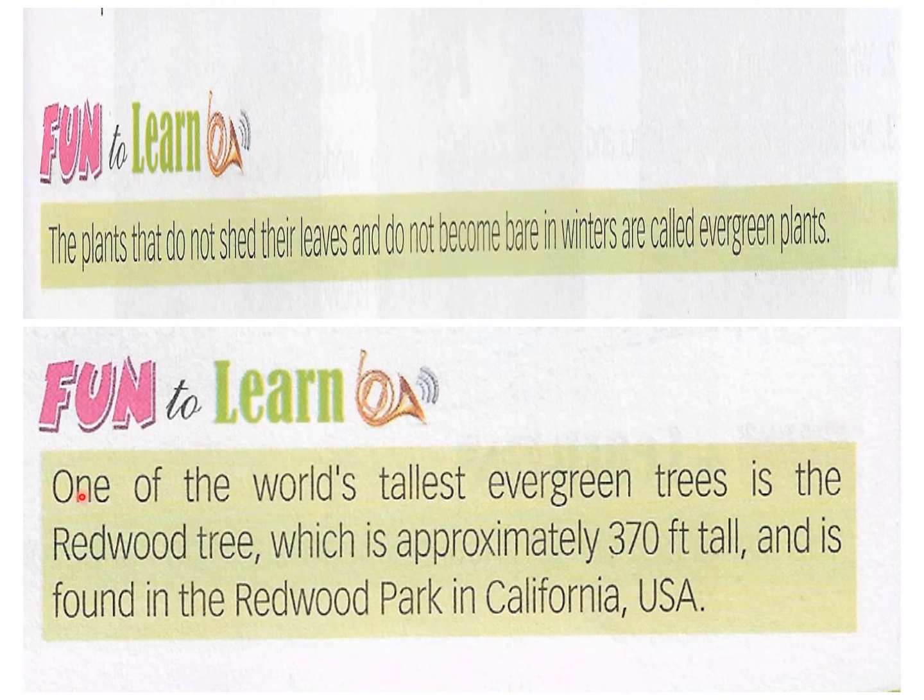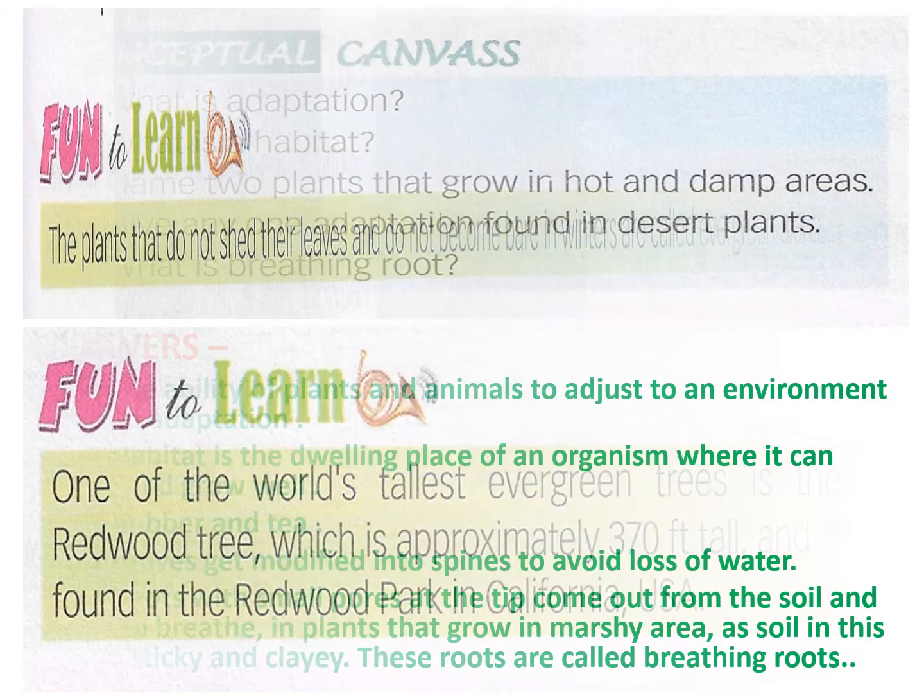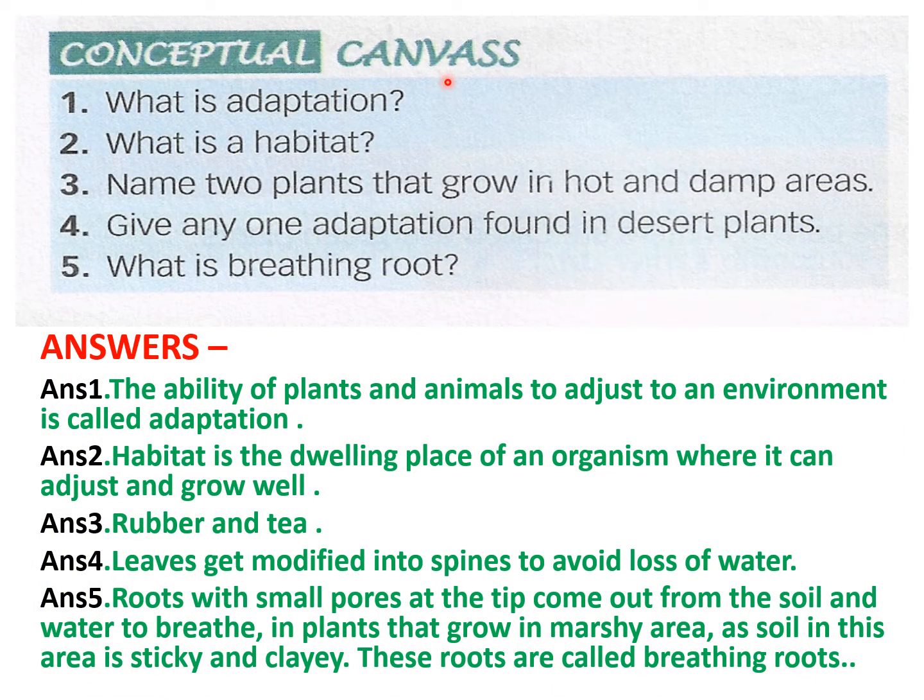Then another one is, one of the world's tallest evergreen trees is the redwood tree, which is approximately 370 feet tall and is found in the Redwood Park in California, USA. So the name of the park, Redwood Park, is given on this tree's name, redwood tree, and it is approximately 370 feet tall.